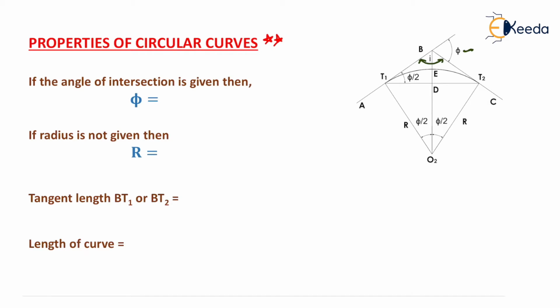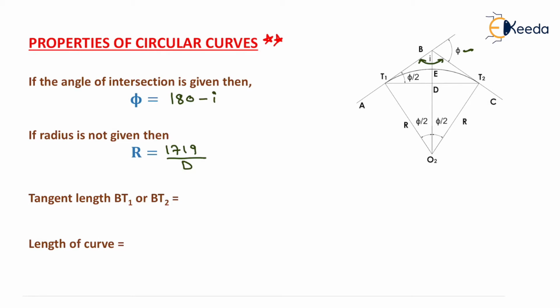Now if the angle of intersection is given, then we need to find the angle of deflection. Okay, so phi will be equal to 180 minus I, that will be the angle of deflection. Now if the radius is not given, then we have to use the formula, that is 1719 upon d, which we had computed earlier.